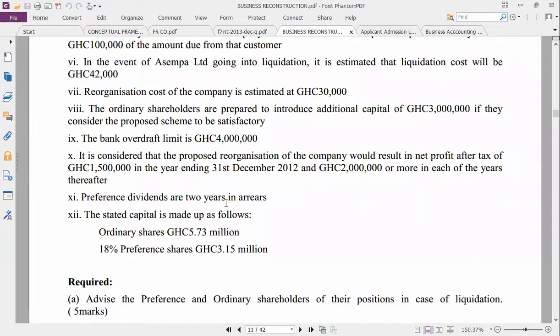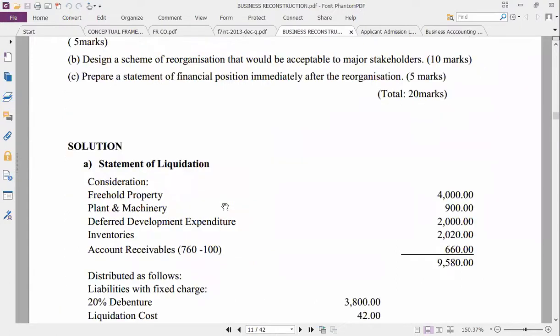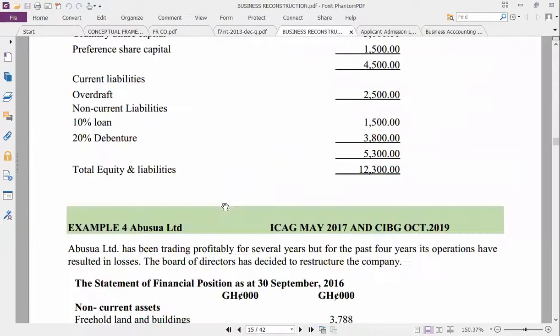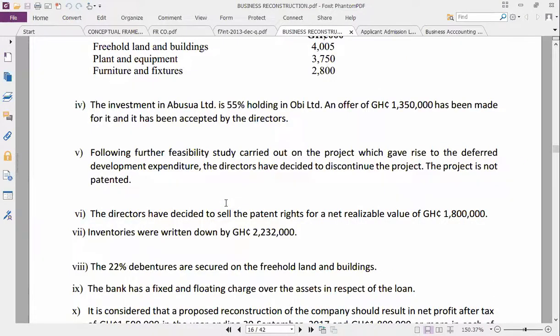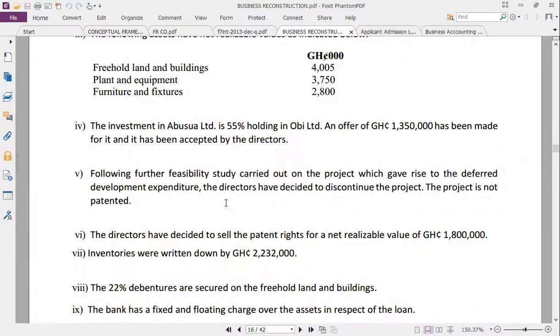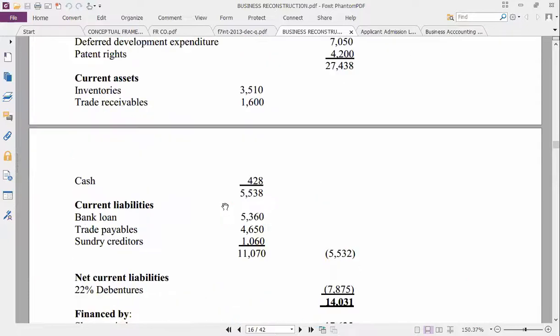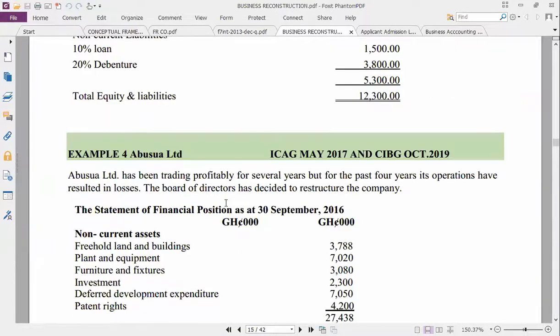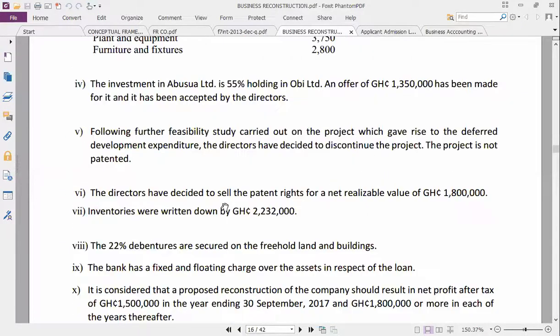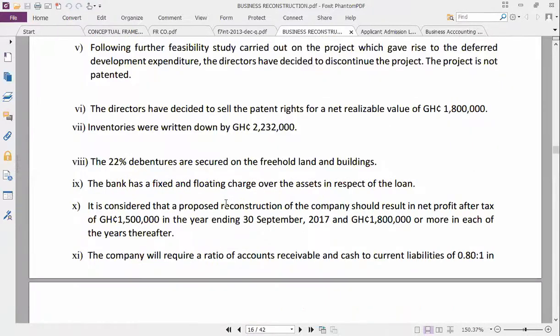If they don't give you the ratio, there are two methods. In this question, the ratio wasn't given to us. No ratio, unlike the other questions. If you go to probably the next question, like Ebusia Limited, they have to give us the ratio.